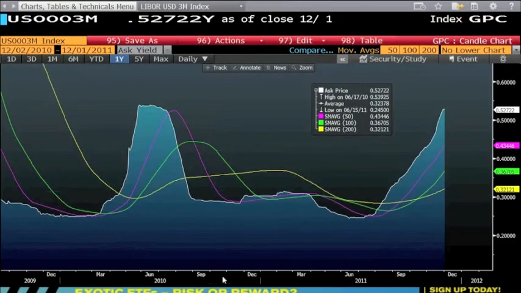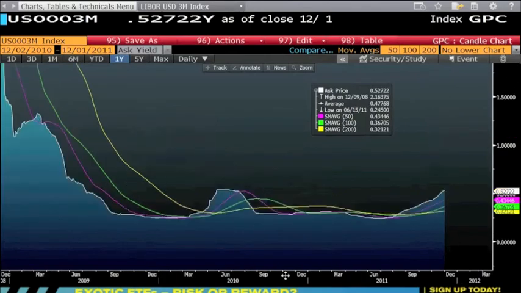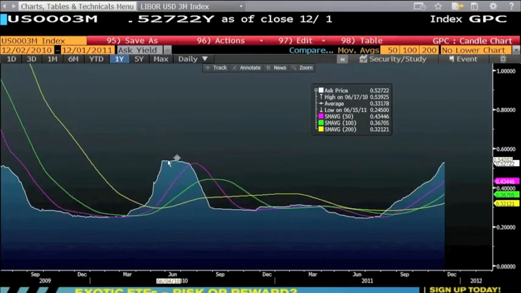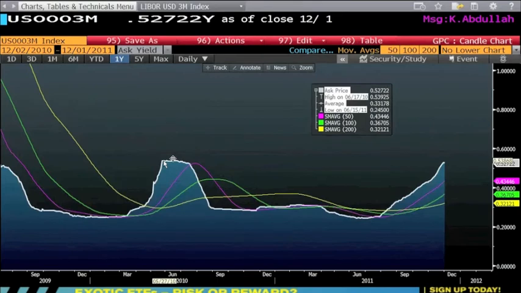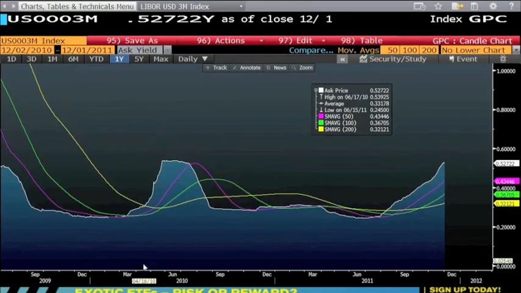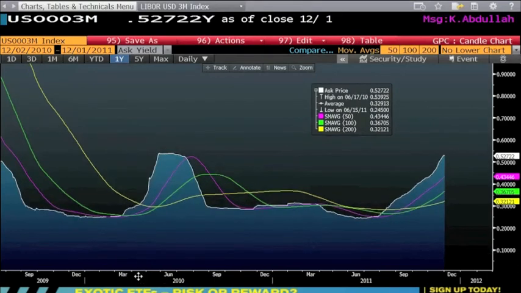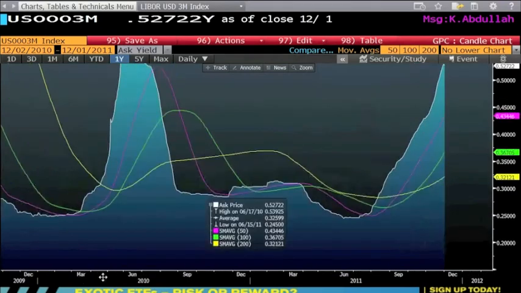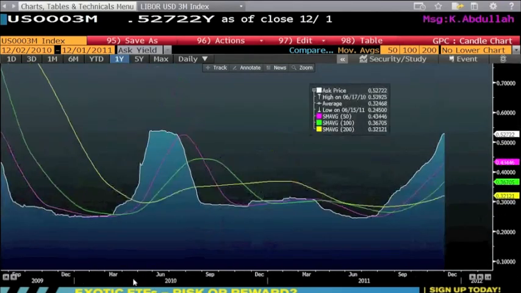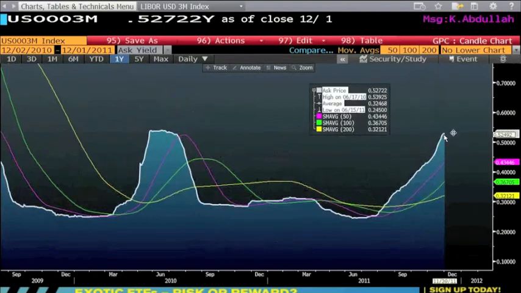So what do we say in English, guys? That means that we are on the verge of breaking above this level here in the US dollar LIBOR, and it seems probably by Wednesday's operations of the central bank liquidity, whose main objective was to bring down this cost of US dollar LIBOR.